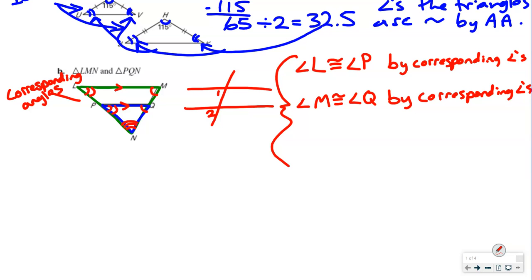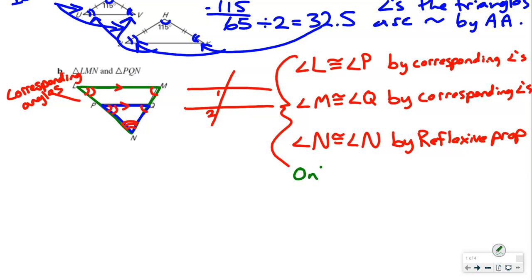So angle N is congruent to angle N by the reflexive property. And we only need two of the three. We only need to show two of the three.